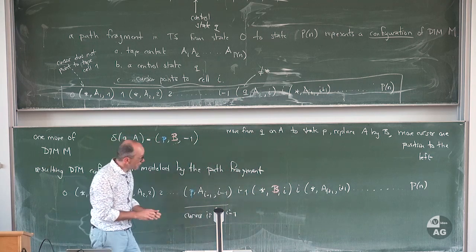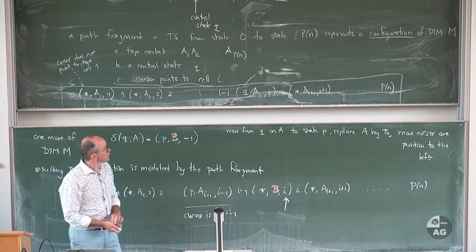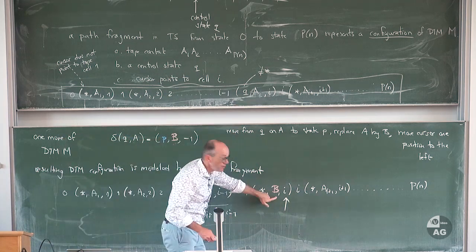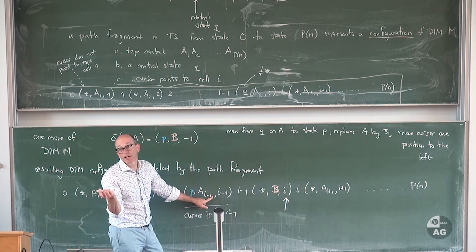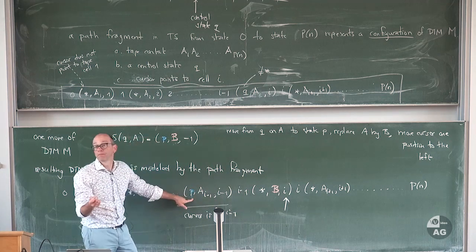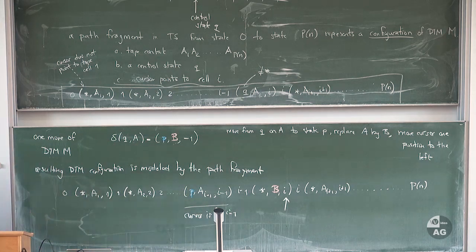But you see, it's at position I. So the Turing machine replaces this A by B, then moves one position to the left, and changes state from Q to P. Good. This is one step of the Turing machine. And now I hope you see that in this way you can model the whole computation of the Turing machine by means of this transition system.